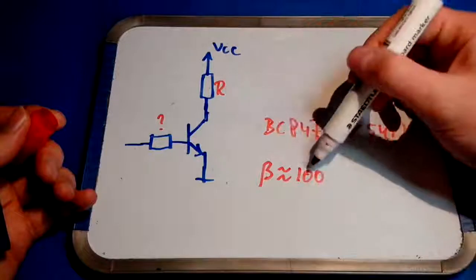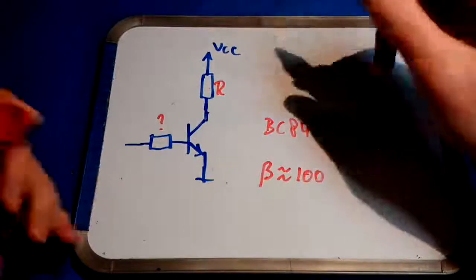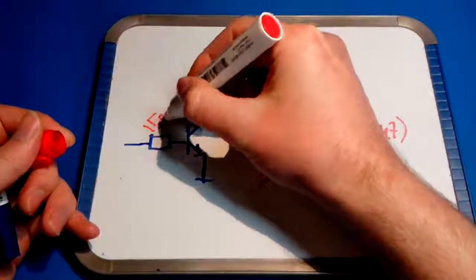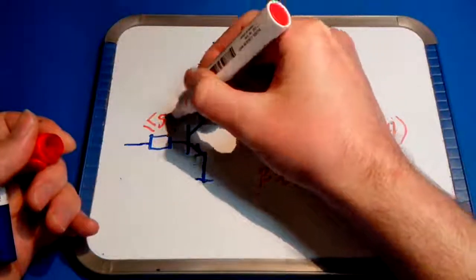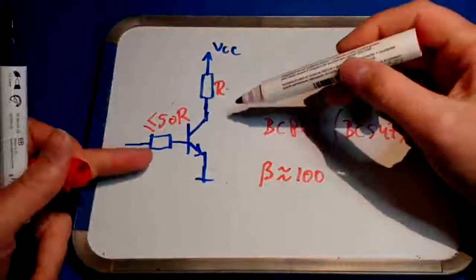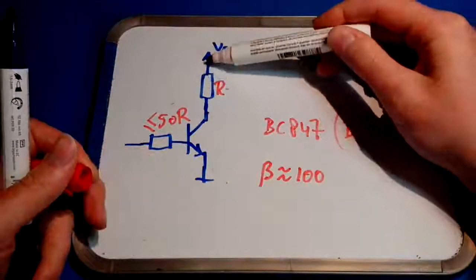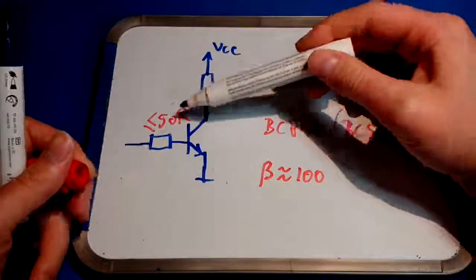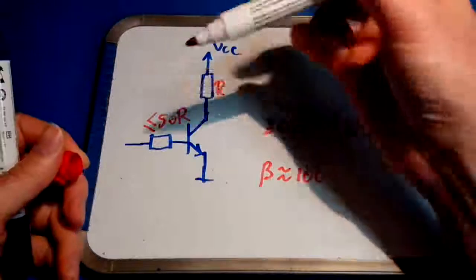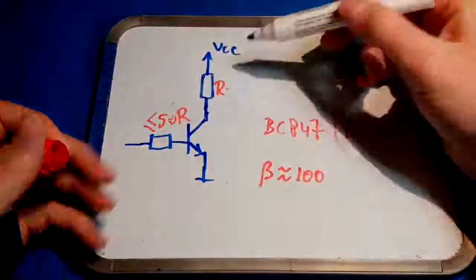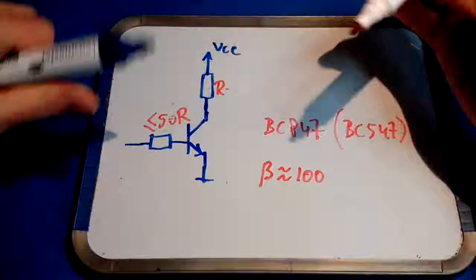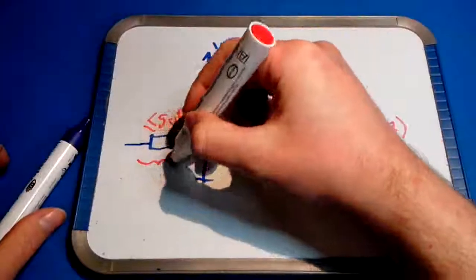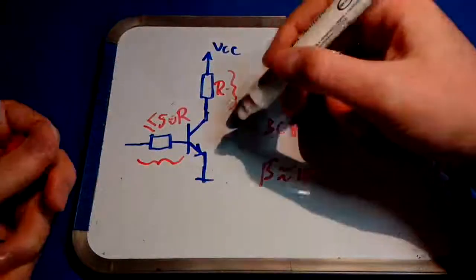And to do that, knowing that the gain is approximately 100, we can take the other resistor to be at most, let's say, 50 times R, and by doing that you guarantee that the current through the topmost resistor is at most 50 times the current through the leftmost resistor, when we assume that the voltage over both resistors, so this one and that one, is approximately the same, and in this case it is the same.